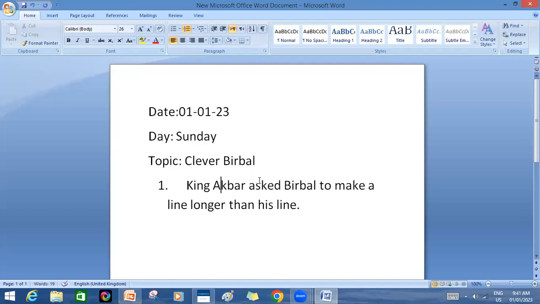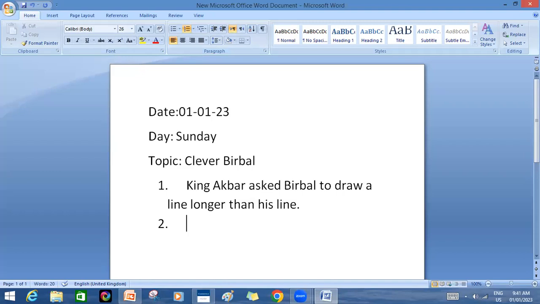King Akbar asked Birbal to draw a line longer than his line.